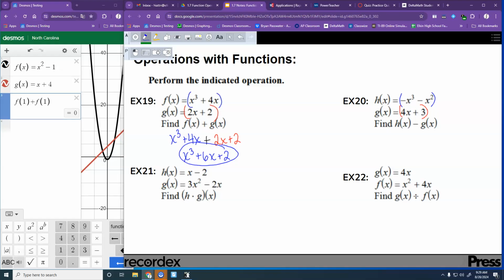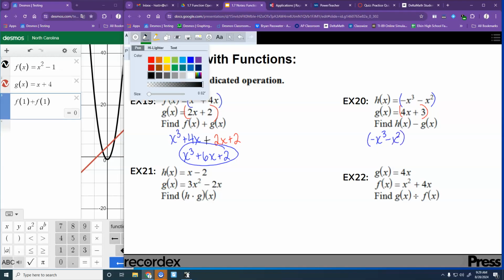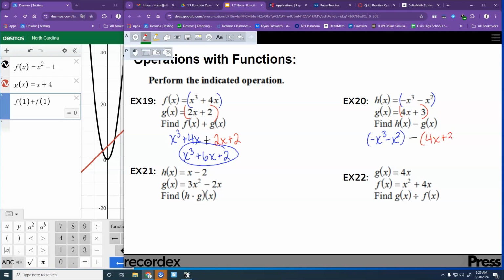Parentheses are a lot more important whenever you're subtracting. You have to do negative x cubed minus x squared. Here's why it's important. We're going to have that minus sign right there, and then we'll have 4x plus 3. The first parentheses are really kind of optional. The second are not. Because what have I got to do with this negative right here?